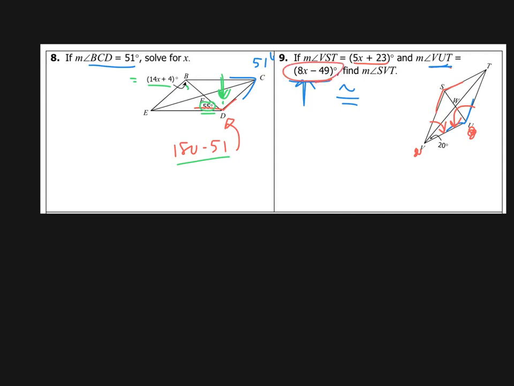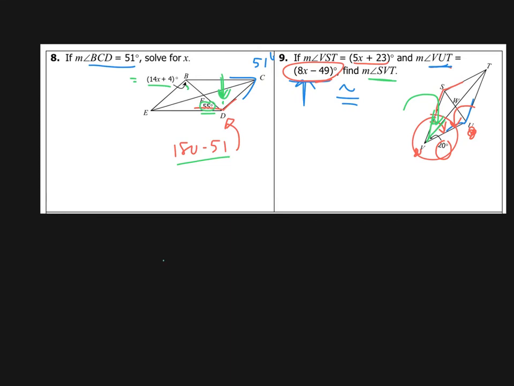That's this. Once I get the value of x, I can find that measure. And once I find that measure, I can find this measure. And if I take 20 degrees away from that, I will find the measure of this piece right here. The last thing they asked me for was the measure of SVT. SVT is that little angle that I'm trying to talk about. Hopefully that was helpful. Good luck.